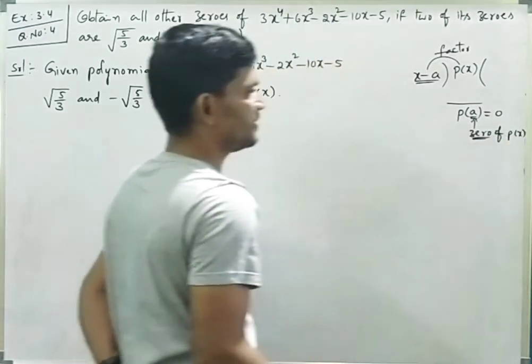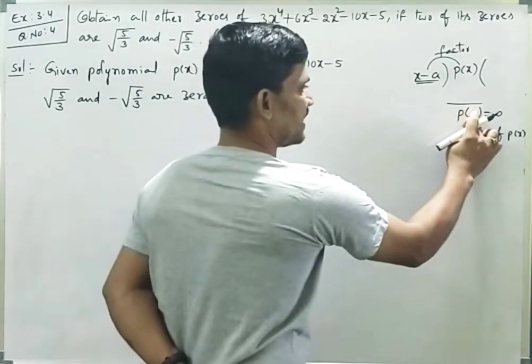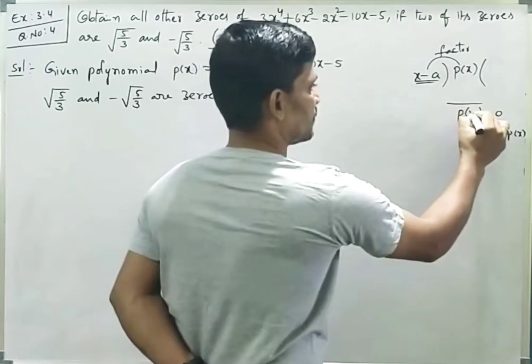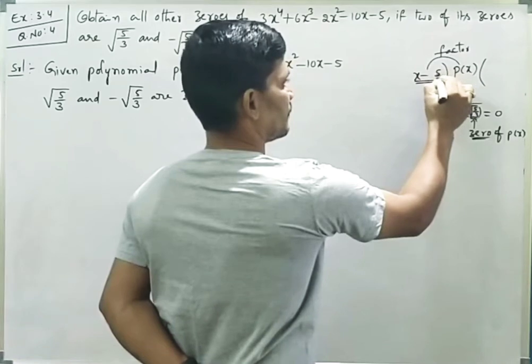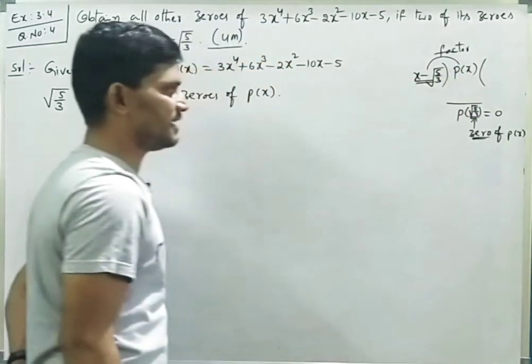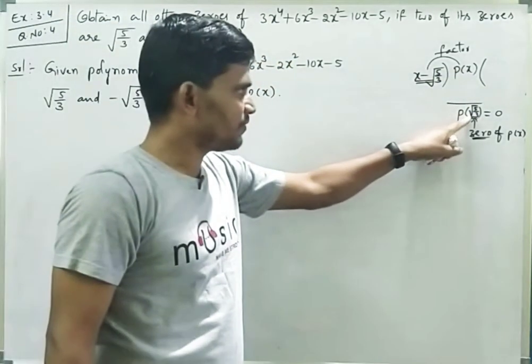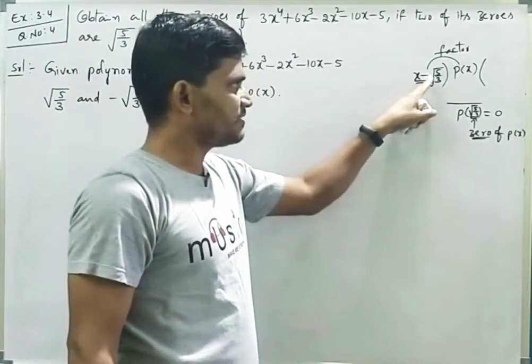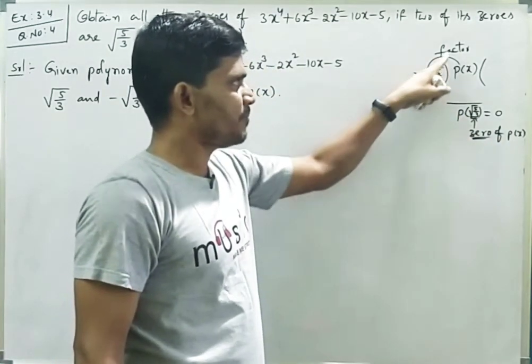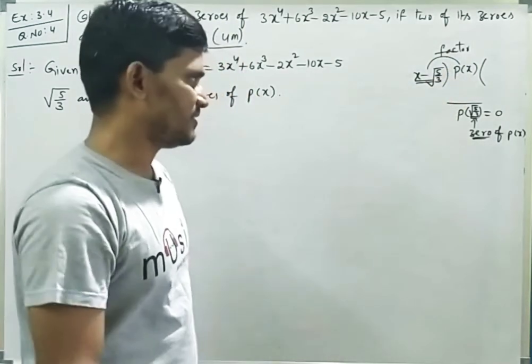and this a is called a zero of p of x. So here, instead of a, you are having root of 5 by 3 and minus root of 5 by 3, so that if root of 5 by 3 is a zero of p of x, then x minus root of 5 by 3 becomes a factor of p of x.